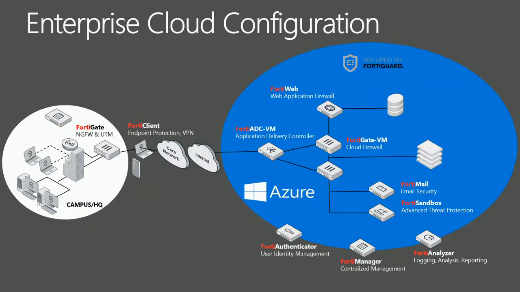It could be obviously the core firewalling technology and advanced security pieces of that, but you're also going to be utilizing centralized management, central reporting, analytics, strong authentication, application delivery, as well as some point security solutions like WAFs, web application firewalls, anti-spam gateways, advanced threat protection, doing some sandboxing along those lines.